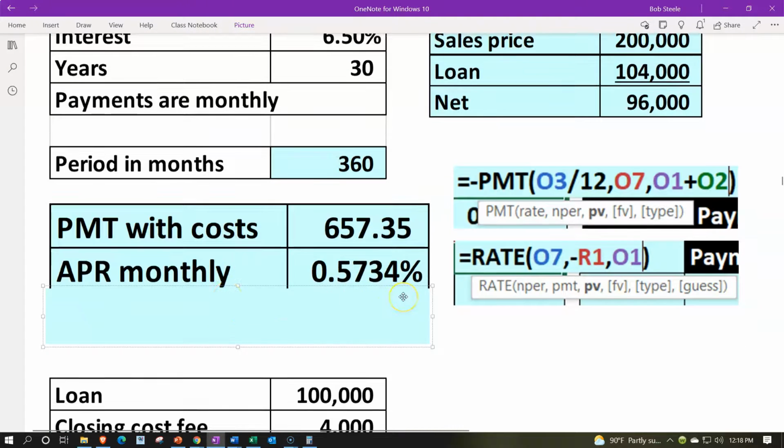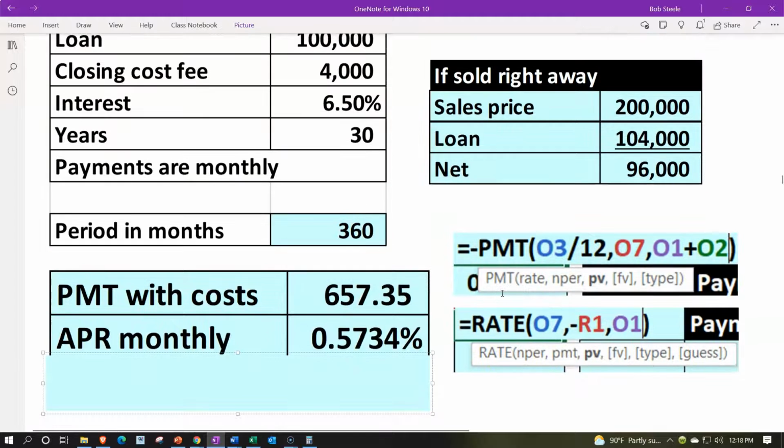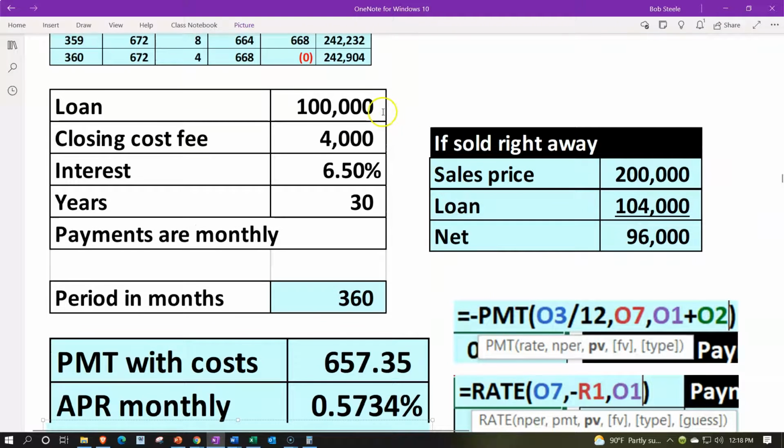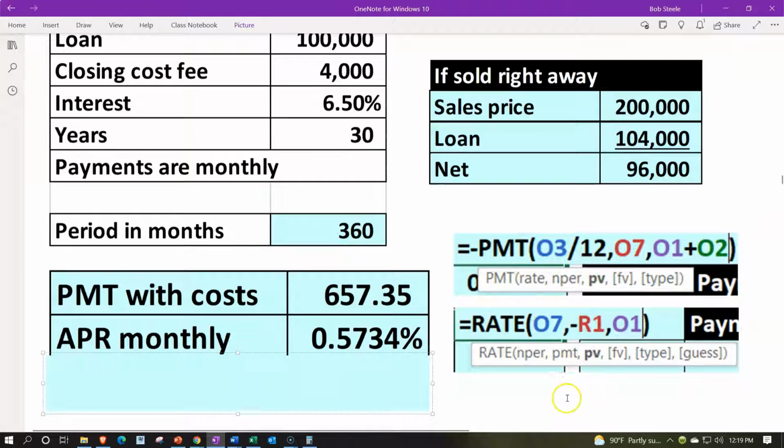So now we're going to do our rate calculation. This is the APR calculation. We're going to pick up the rate, but we're going to have that little twist so that we're not picking up the full 104,000, the full amount of the loan after the costs, but just the 100. So the number of periods is once again 360, comma, the payment. Remember, the payment needs to be negative or else you won't get a number here.